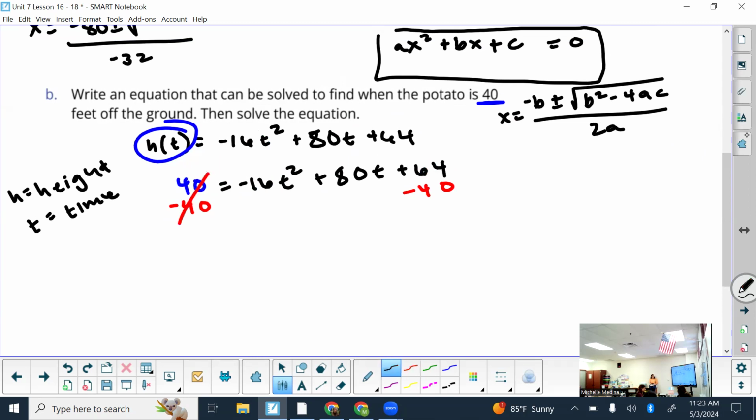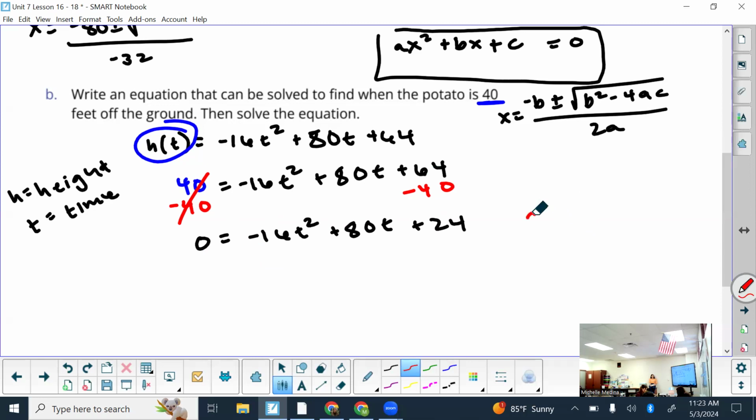If it's a constant that I have to subtract to make it 0, then I subtract it from the constant. If it's an x squared term, then I need to subtract it from the x squared term, or whatever. So then my new standard form ends up being this. And 64 minus 40 is 24.